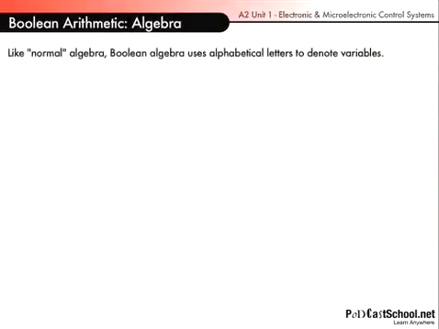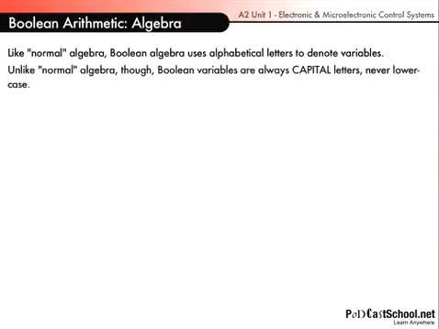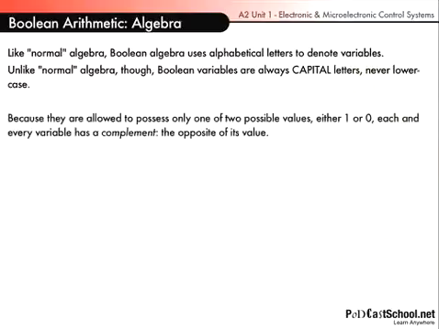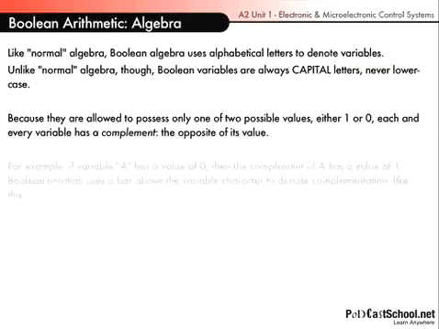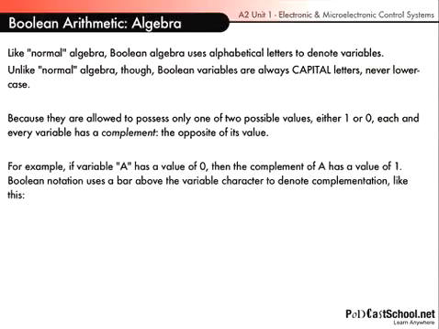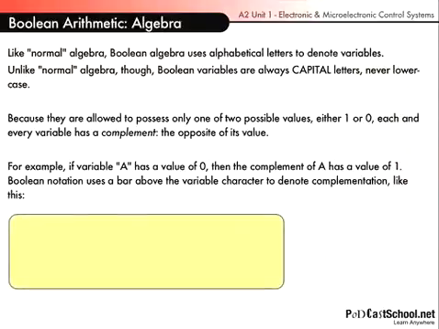Like normal algebra, Boolean algebra uses alphabetical letters to denote variables, but we always must keep them as capitals. Because they are allowed to possess only one of two values, remember 1 or 0, each variable has a complement, i.e. its opposite value. For example, if A has a value of 0, then the complement of A is a 1. Boolean notation uses a bar, and we're going to show you that now.